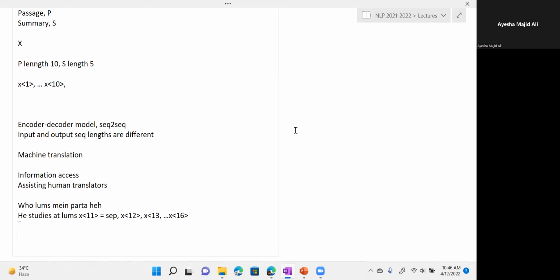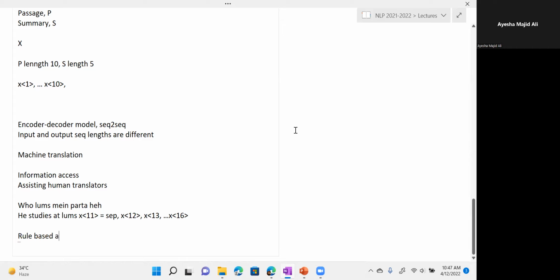So I would say up till the mid 1990s, rule-based automatic machine translation was widely popular. So this was popular till, I would say, around 1995.